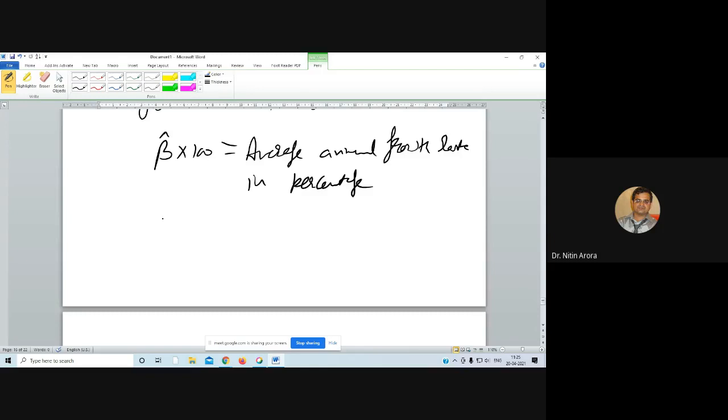Then suppose I want to know the compound annual growth rate, CAGR. That can be written as anti-log of beta cap minus 1, into 100. Bachcho, watch this lecture carefully. Most of the time the students are not aware how to compute growth rates.